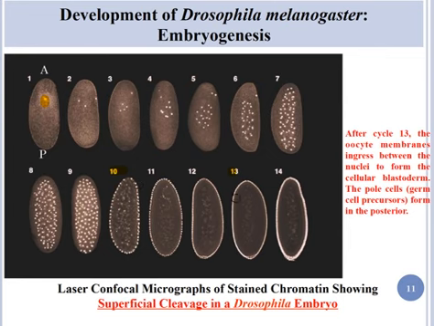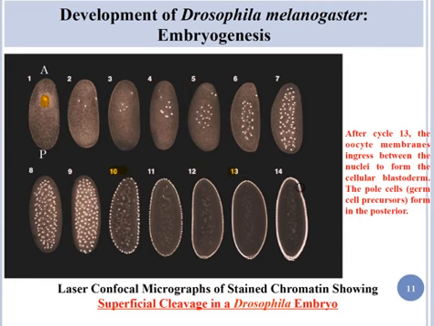By cycle 13 we get a syncytial blastoderm, when all the nuclei have migrated to the periphery. So these stages define the syncytial blastoderm stage, while cycle 14 defines the cellular blastoderm stage.